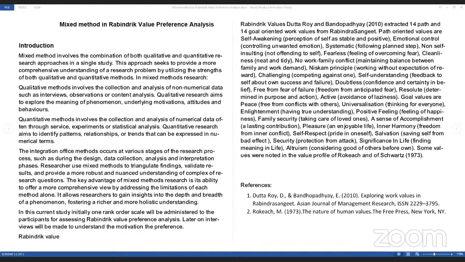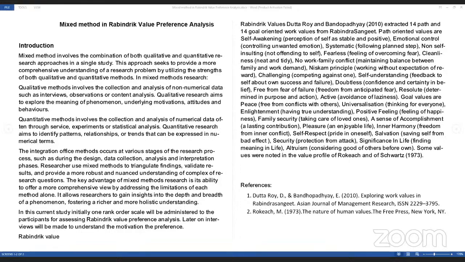For example, in Rabindra's value preference, suppose you have assigned first rank to self-awakening. Then the question comes: what leads you to assign first rank to self-awakening? You do not ask why. You will ask what leads to.